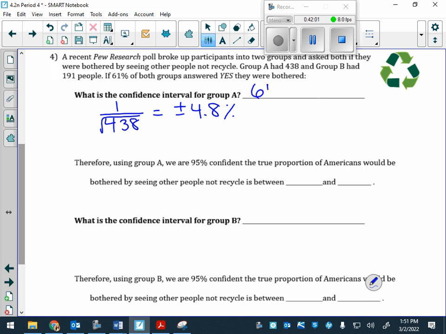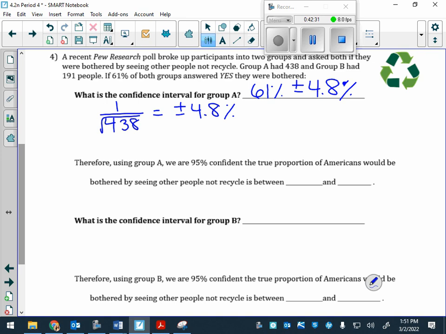So that interval would look like what? 61 plus or minus 4.8%. So then, if we are using group A, we are 95% confident the true proportion of Americans who would be bothered by seeing other people not recycle is between what? Sabrine? It's okay.